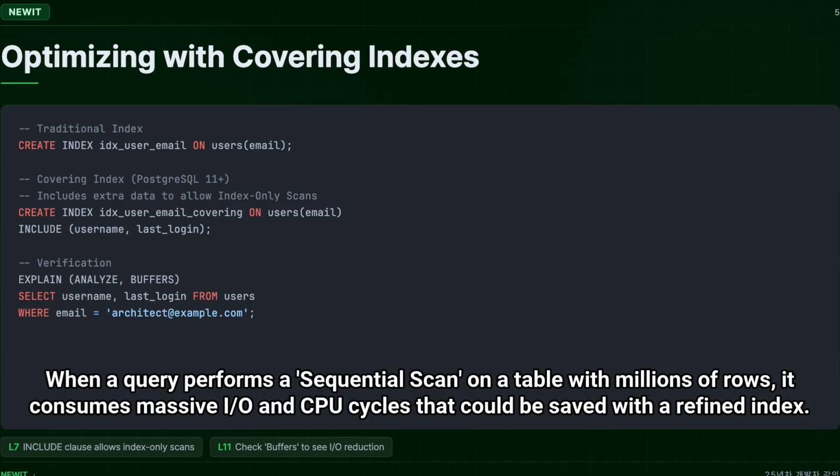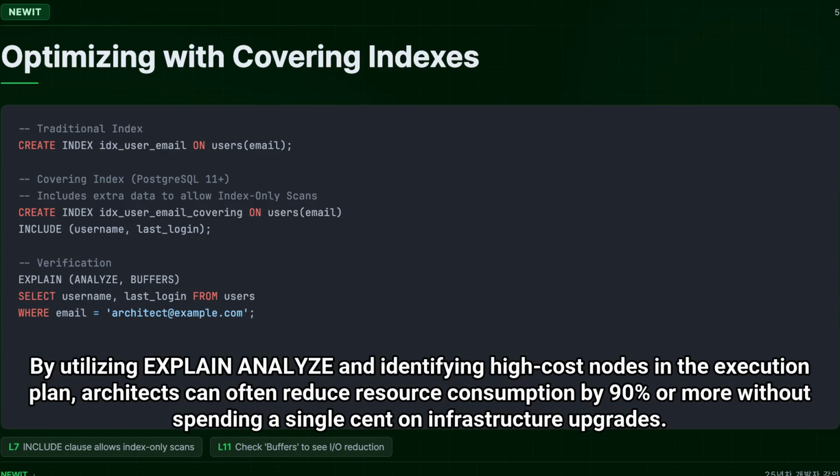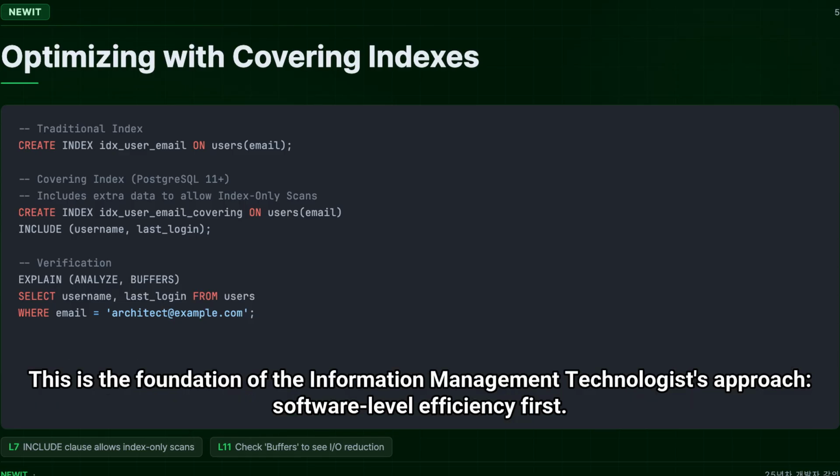When a query performs a sequential scan on a table with millions of rows, it consumes massive I/O and CPU cycles that could be saved with a refined index. By utilizing EXPLAIN ANALYZE and identifying high-cost nodes in the execution plan, architects can often reduce resource consumption by 90% or more without spending a single cent on infrastructure upgrades. This is the foundation of the information management technologist's approach: software-level efficiency first.